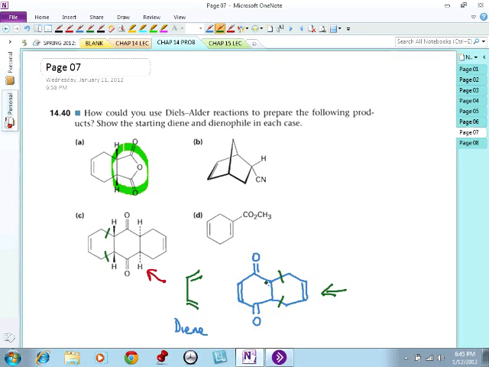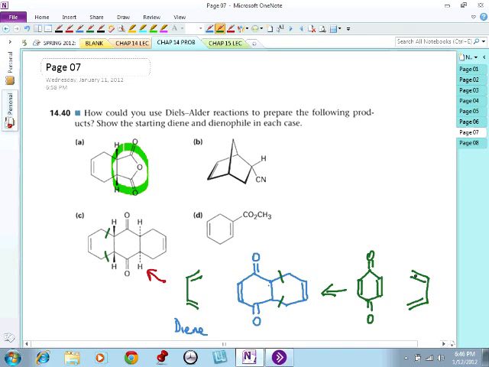So we could very well say that in this case, the double bond will be here for the dienophile. So that would be this here. Okay. And then the diene will be this.